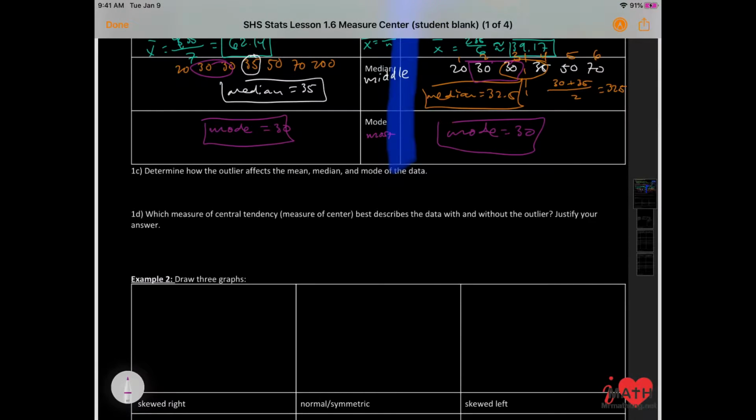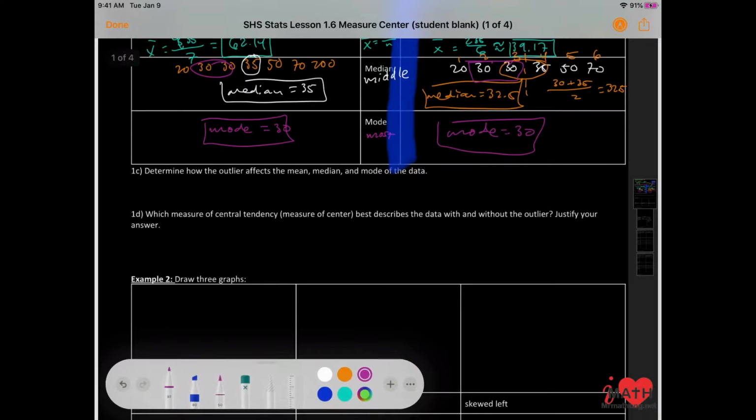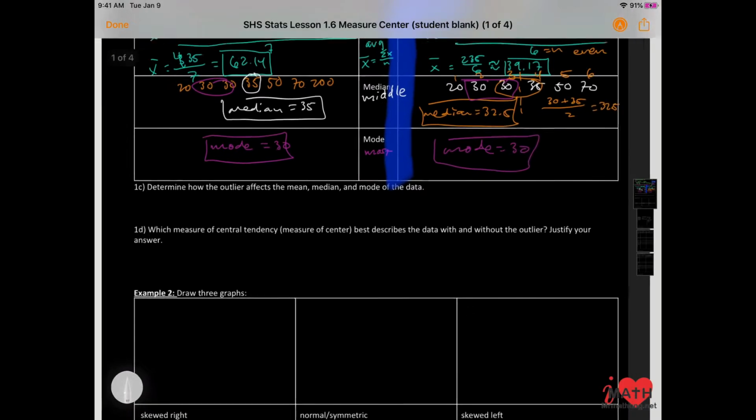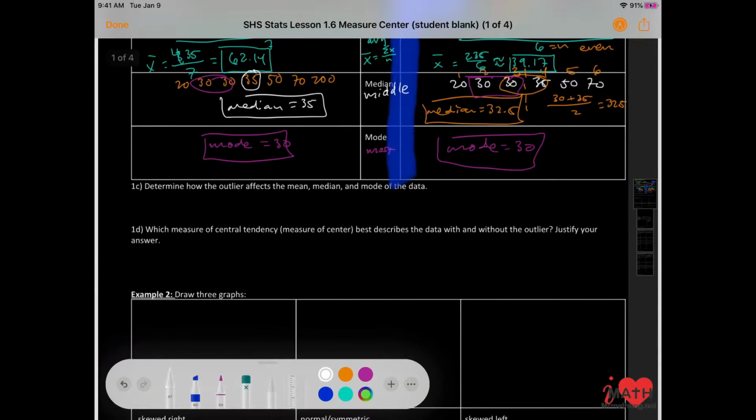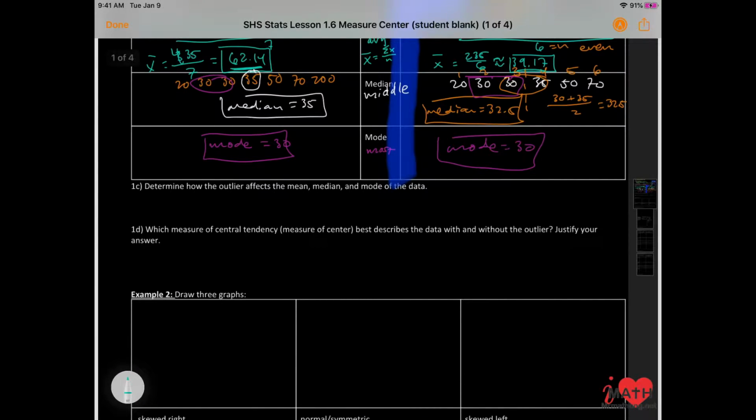Okay, determine how the outlier affects the mean, median, and the mode. Well, if we calculate the numbers, let's just use what we did in blue. So I go from 32.4 to 39.17. So let's write that.